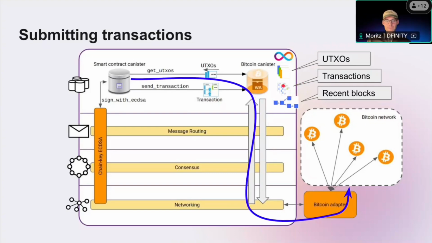And what happens then is that every subnet round, the Bitcoin adapter actually, on every replica, obtains the pending transactions from the Bitcoin canister and queues them for being submitted to the Bitcoin network. And as I mentioned, this gives you this nice broad distribution. So that's a pretty good way of distributing a transaction in the network and increasing the chances of it being included in the block if you set a high enough fee.